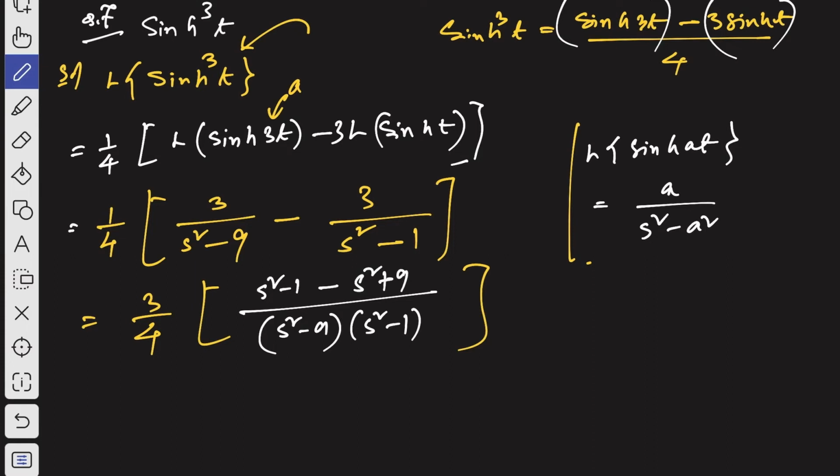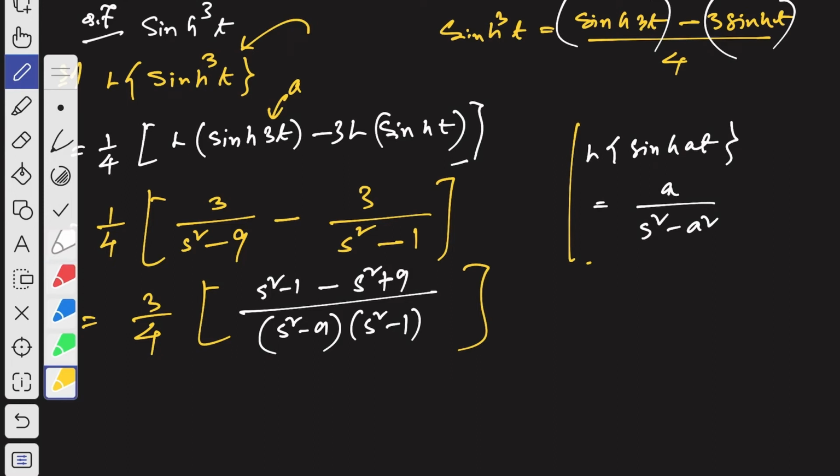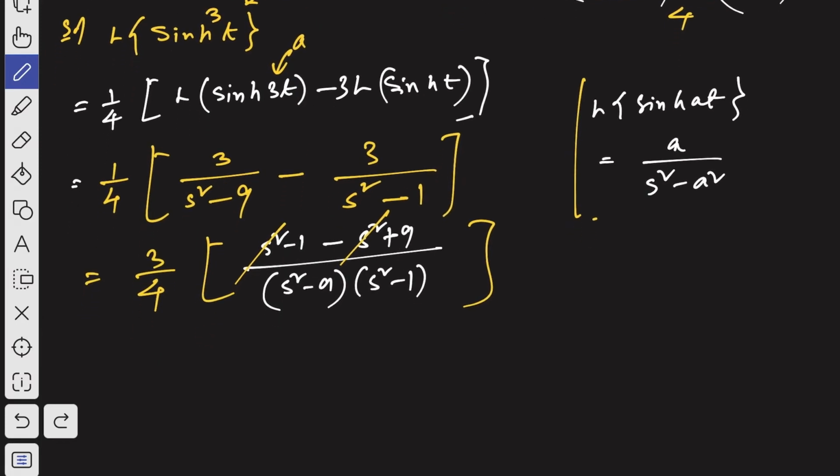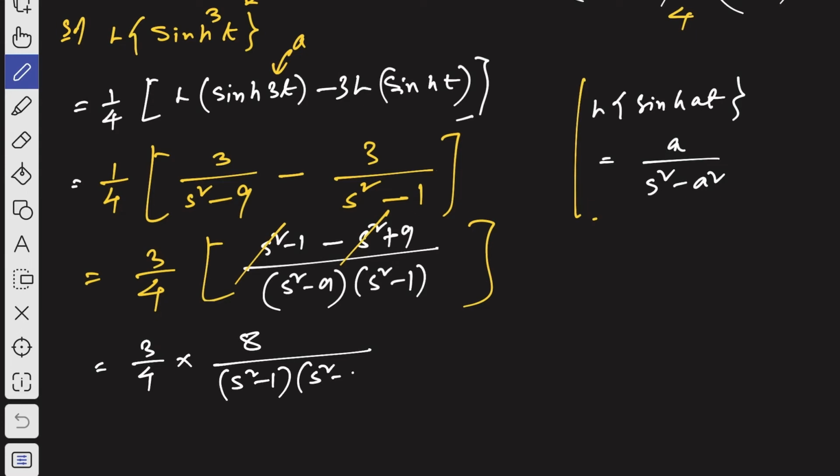So hope you have understood this. There should not be any confusion. So here minus s square plus s square are gone, and plus 9 minus 1 is going to be 8, right? So then what we will get here, 3 by 4 into 8 by (s square minus 1) into (s square minus 9), that's what we will get.